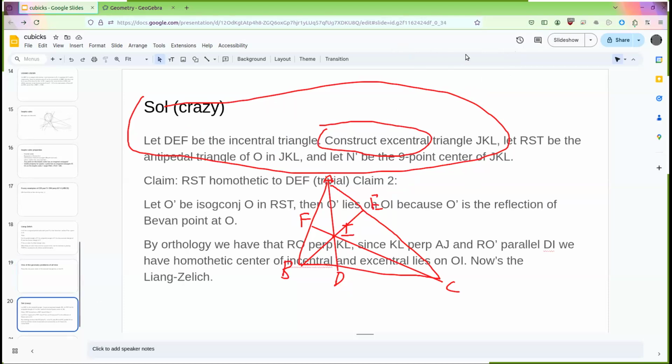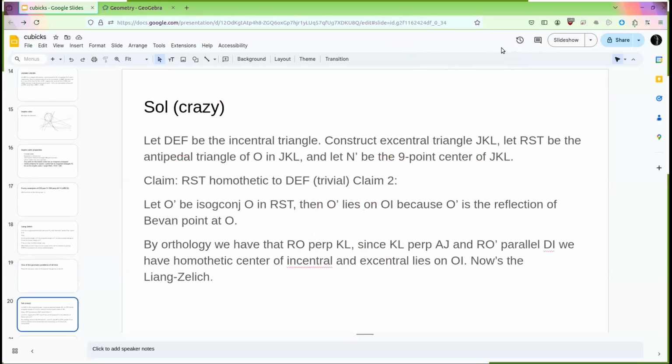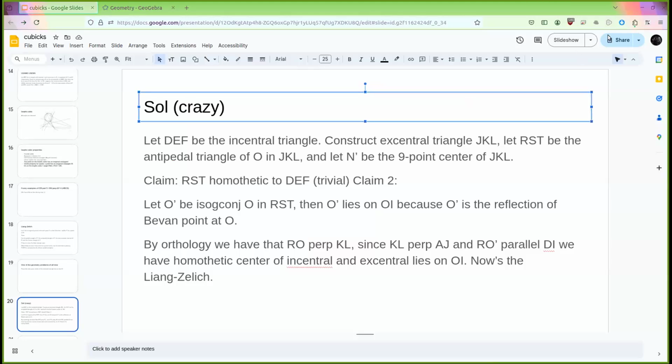Okay, and here's the solution. It's really cool. Oh, wait, it's not full screen. Oh, okay. So actually, I'll just do it on GeoGebra, so it makes sense.